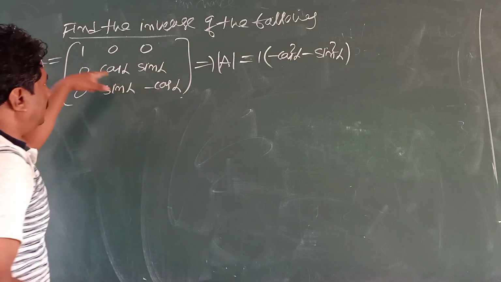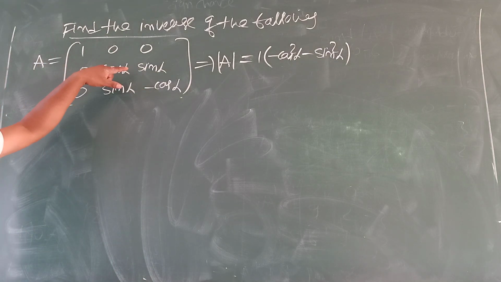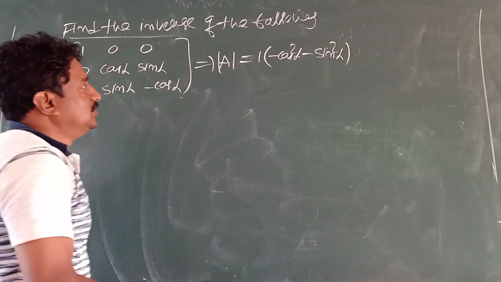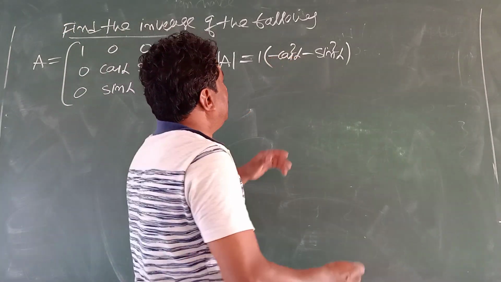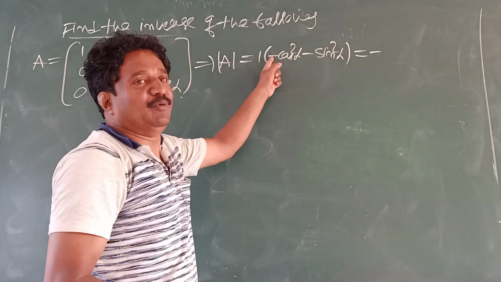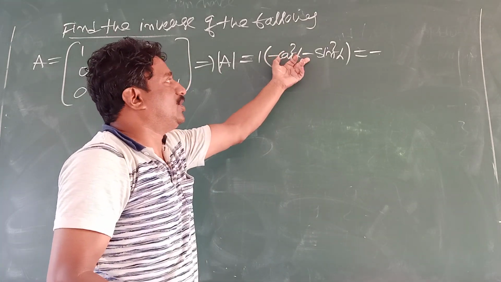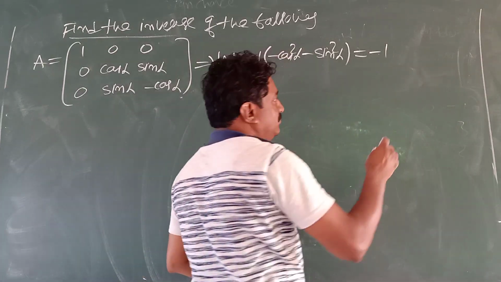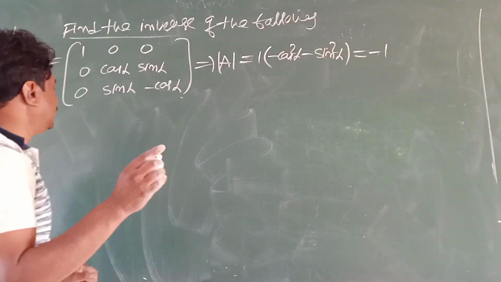Next to 0 into everything 0. What is common from this? Minus. If we remove minus as common, sin square theta plus cos square theta, it is 1. So I am getting determinant A as -1, right?